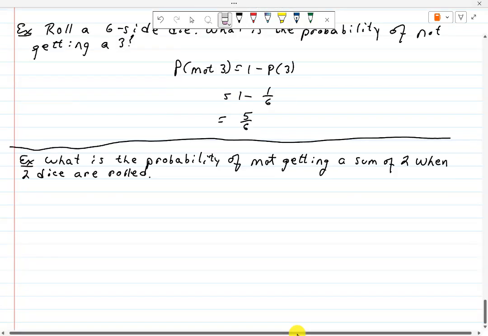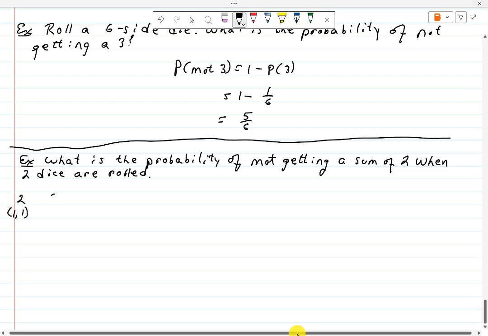All right, what I'm going to do is track all possible outcomes when we toss 2 dice and we add up the dots that appear. For example, the lowest possible score I could get is a 2. That's where both of the dice are 1 and 1.